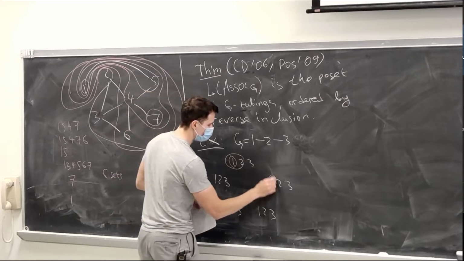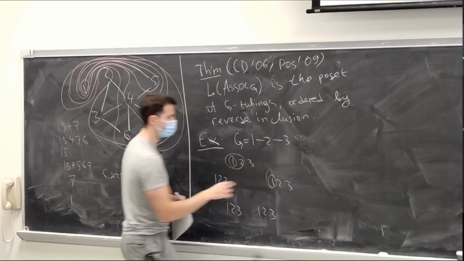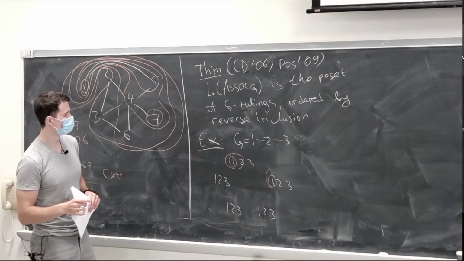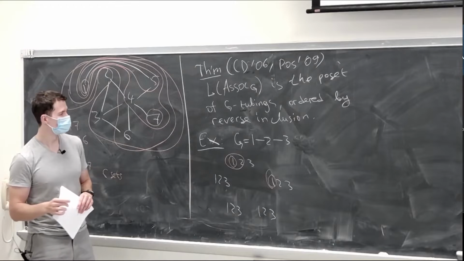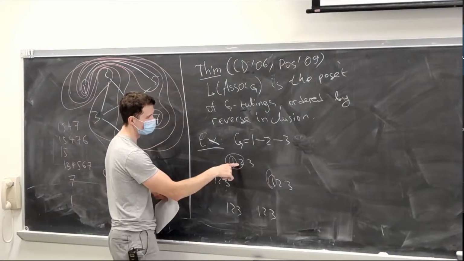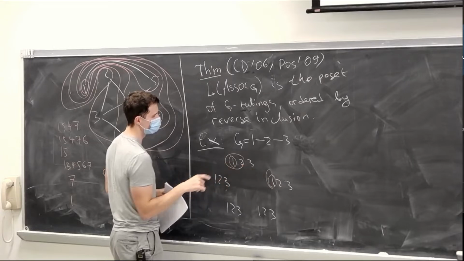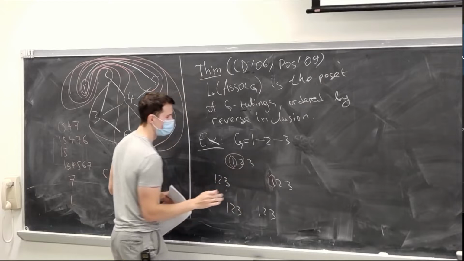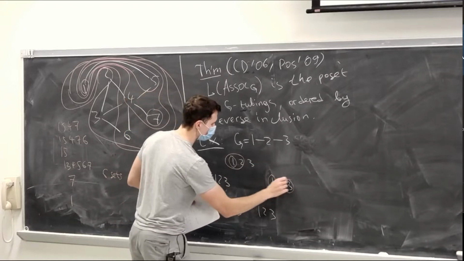1, 3. Oh, hold on. 1, 3 is not connected. So I want it to be connected to this one. I want them to share a single tube. Just 1. Oh, 1 and 3. Oh, nice. Yeah.